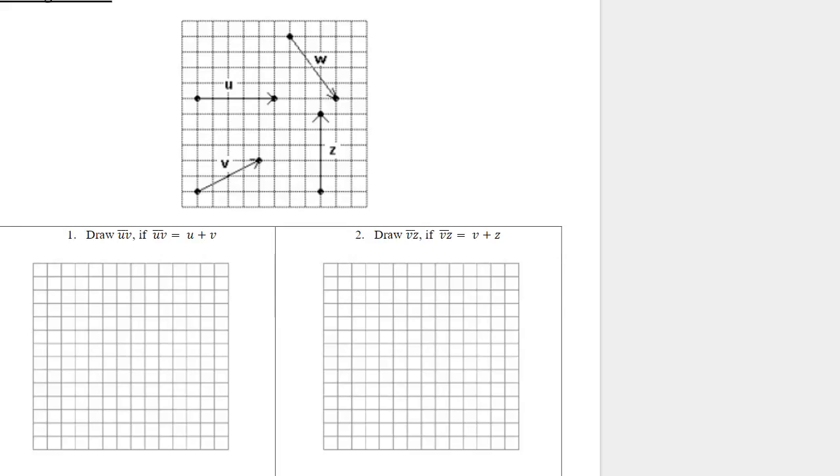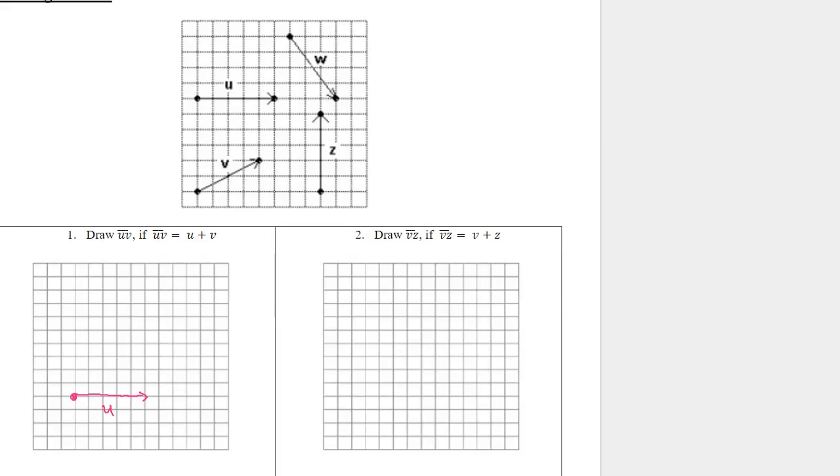So it doesn't really matter where I draw this on my graph. I'm just going to draw u, and I notice it doesn't have a y length, but it does have an x length of 1, 2, 3, 4, 5. So it has an x distance of 5, and I'm going to draw it 1, 2, 3, 4, 5, like so. And that's my u.